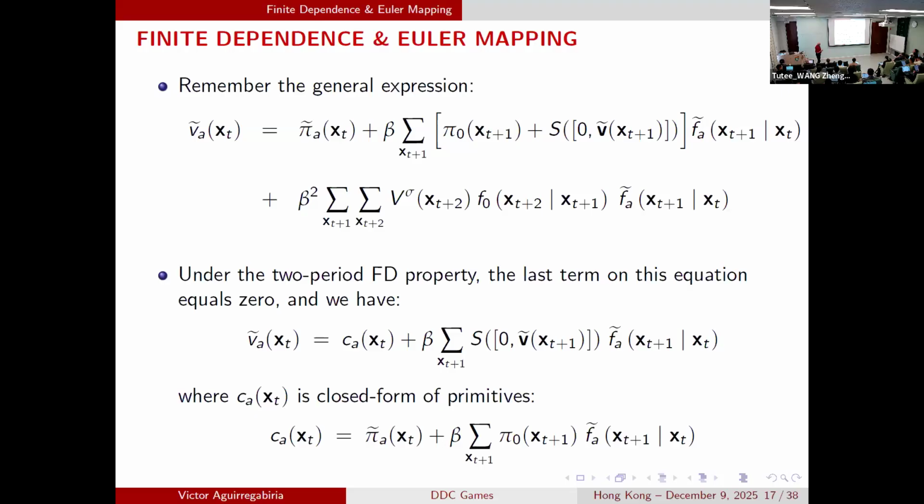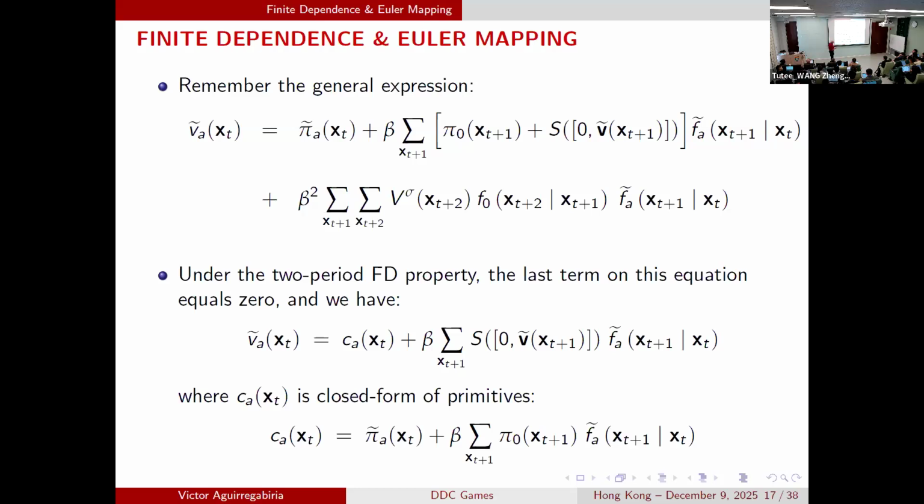Okay, then under this condition, as I have mentioned before, this distribution is equal to 0. You can see that this is basically the difference in the distribution of xt plus 1 if you have chosen alternative A at period t versus alternative 0.